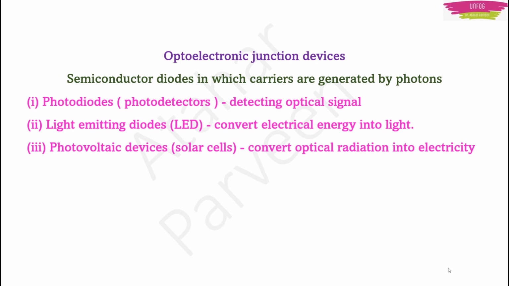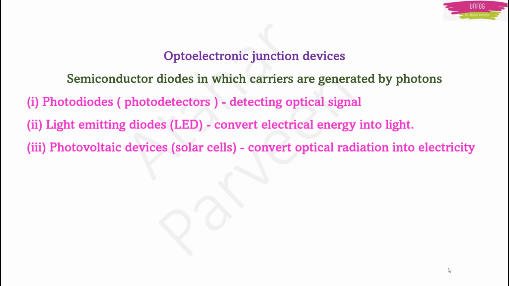In these diodes, the carriers are generated by photons. Carriers means, remember in our previous class we talked about the majority charge carriers, right? Majority charge carriers were electrons and holes in a PN junction diode. So the same fundamentals apply here also, because these diodes are all made of PN junction diodes only.